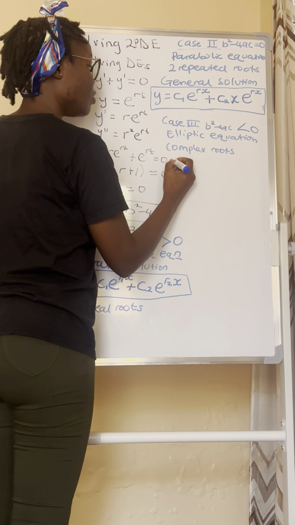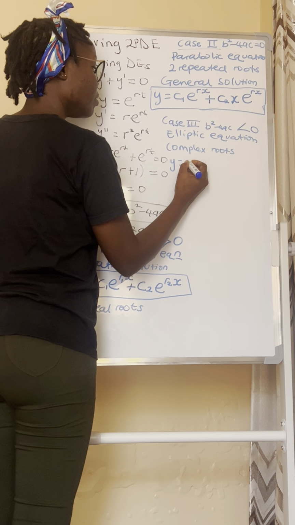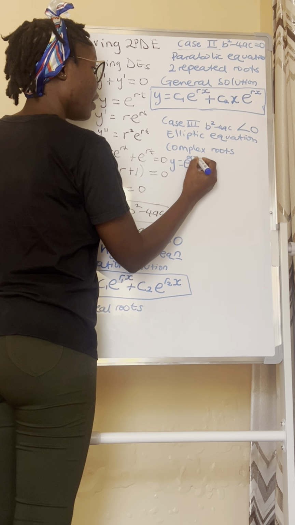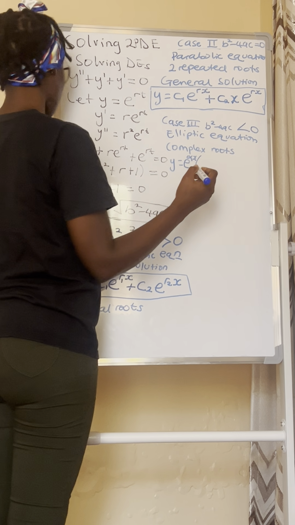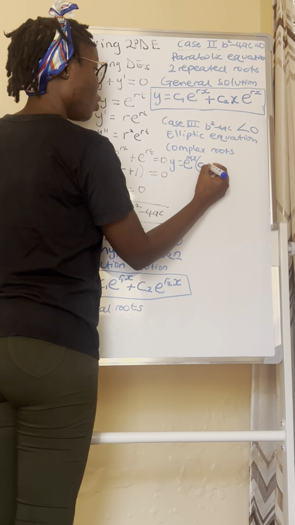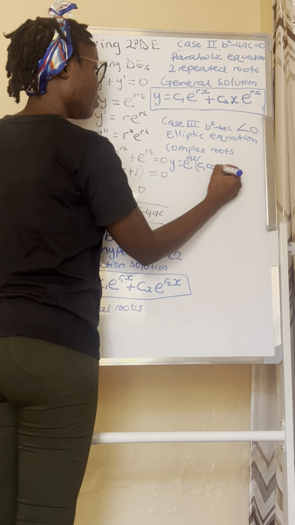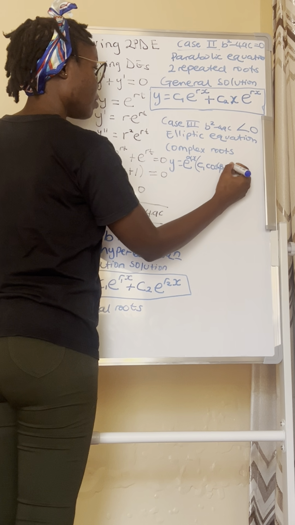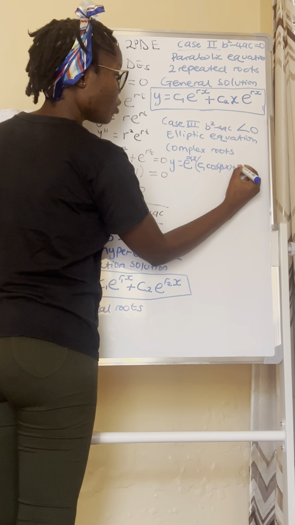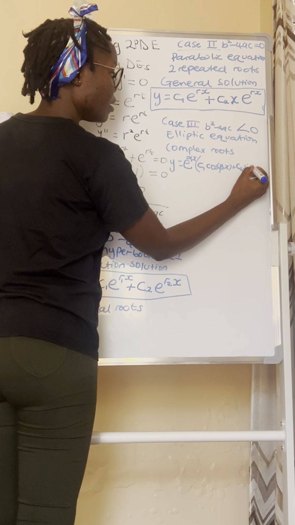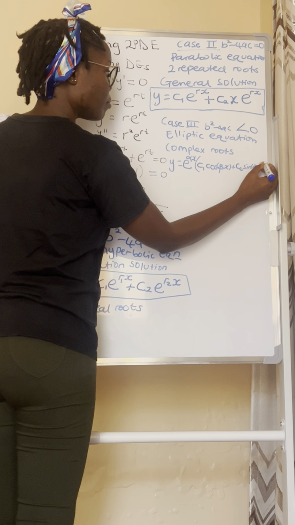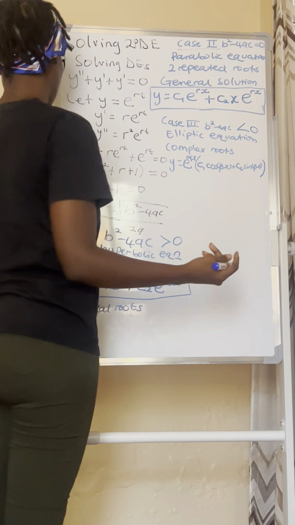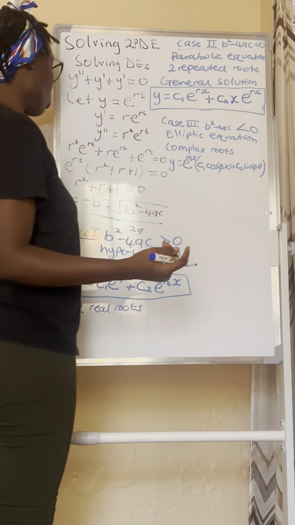In this case, our general solution will be e^(alpha x) times c1 cos(beta x) plus c2 sin(beta x). That will be our general solution.